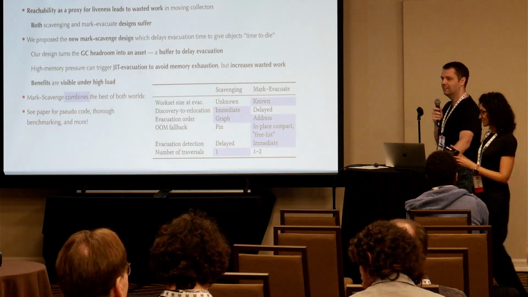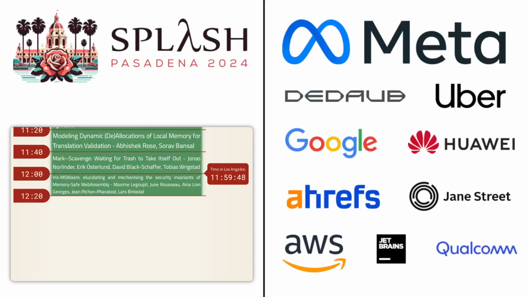Well, okay, I'll be quick. Yeah, great talk. I guess one thing that I didn't see discussed was contention with the mutator threads. I guess naively, because you're splitting up scavenging and compaction, I would expect that there would be more synchronization and so more contention. Was that something that you observed?